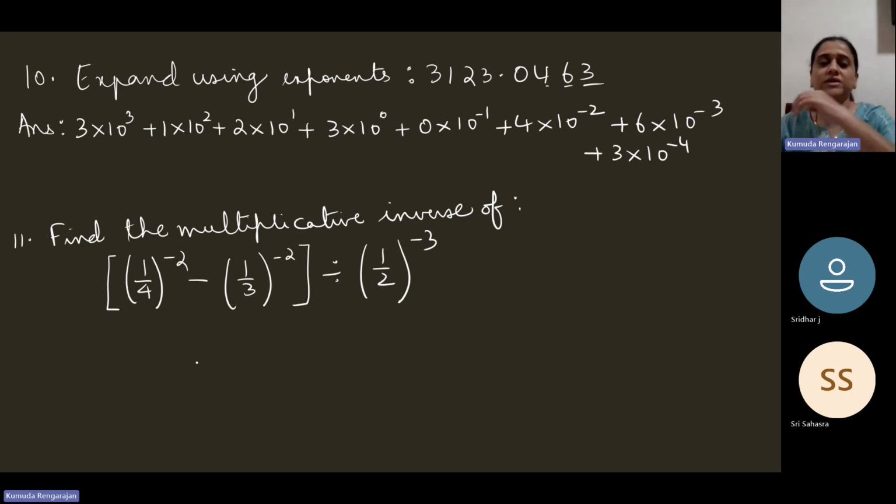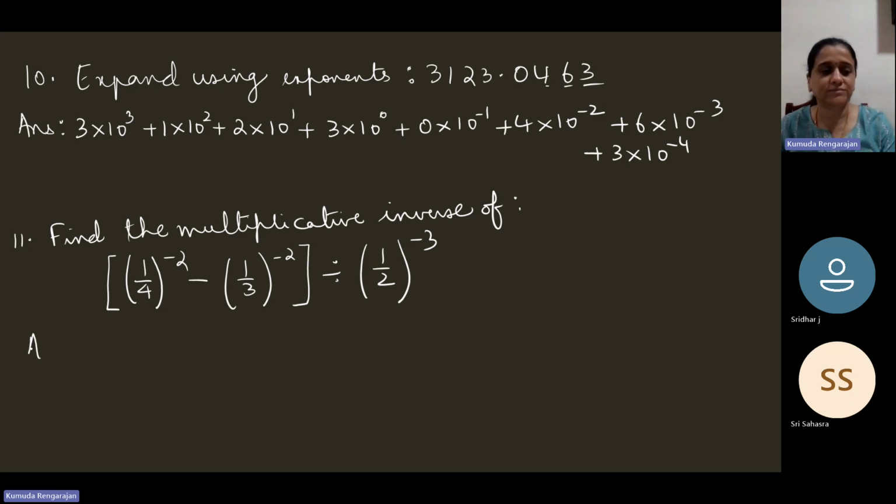Okay, the next one, find the multiplicative inverse. What's the answer? That one simplifies to 7 by 8, is it? When you simplify this, what do we get? What is 1 by 4 to the power minus 2?